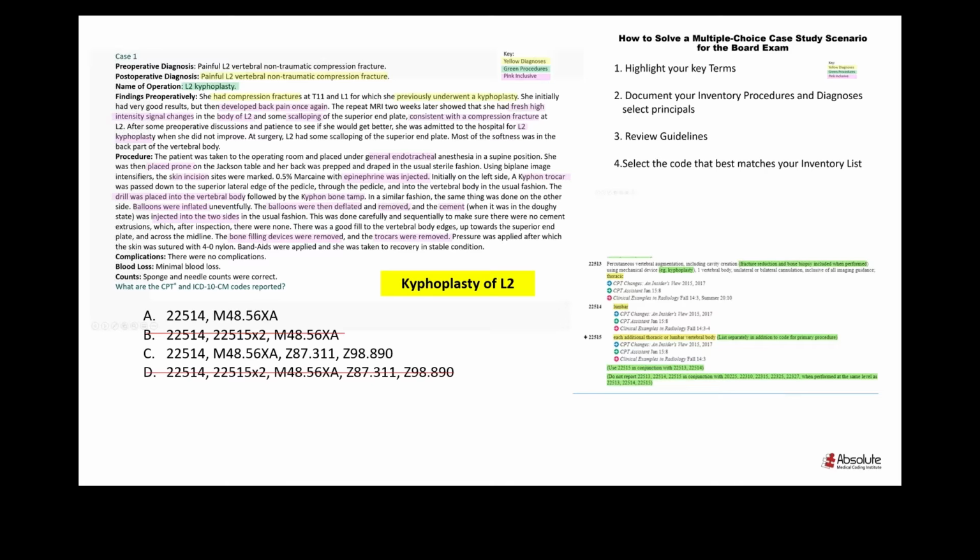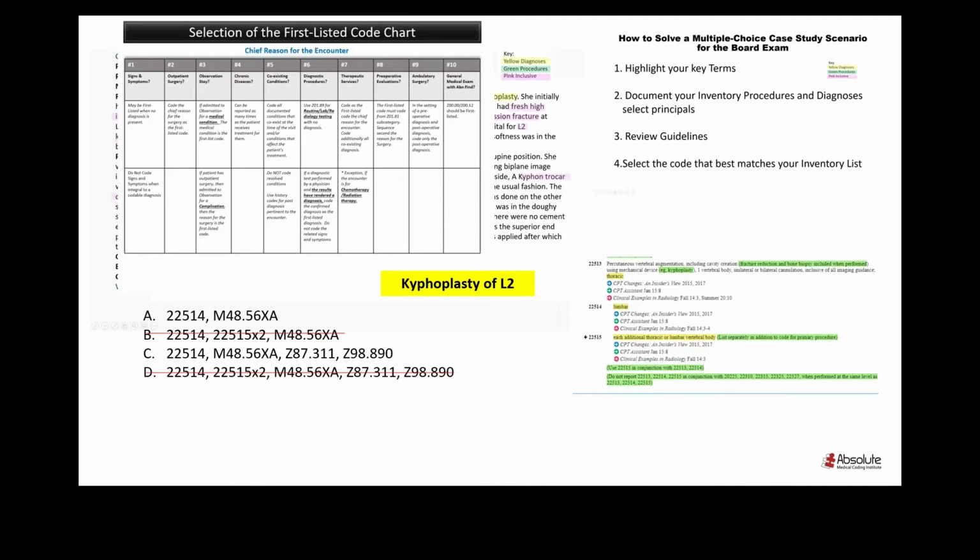And now it's between option A and option C, and both are coding for 22514, the correct answer. But option C is coding for some additional diagnoses, Z87.311 and Z98.890. Those are history codes. If you remember from our first listed code chart, guideline number 5 says do not code any resolved condition; use a history code for the past diagnosis pertinent to the encounter.